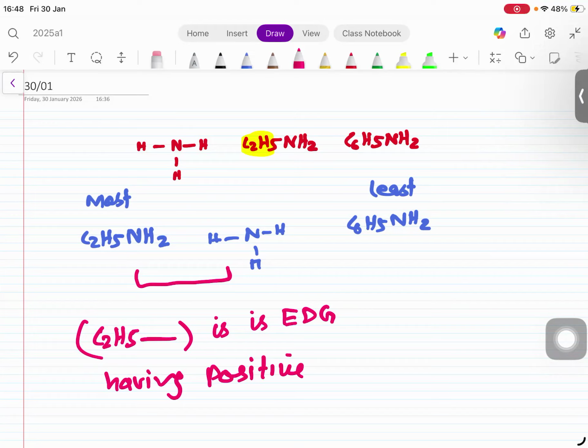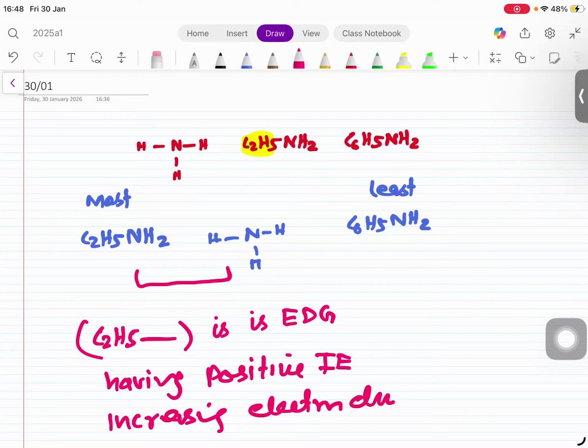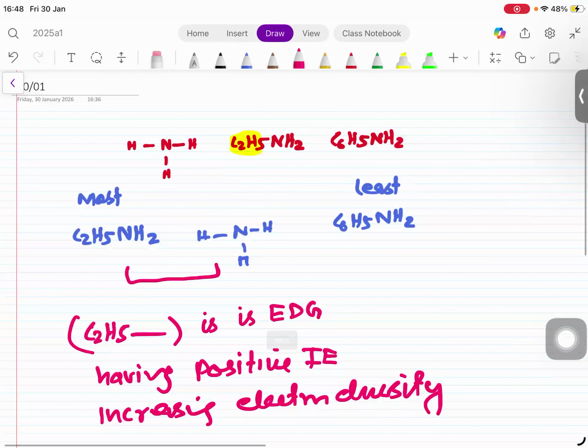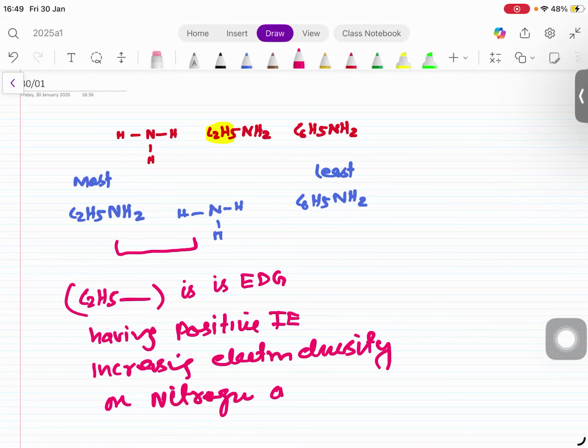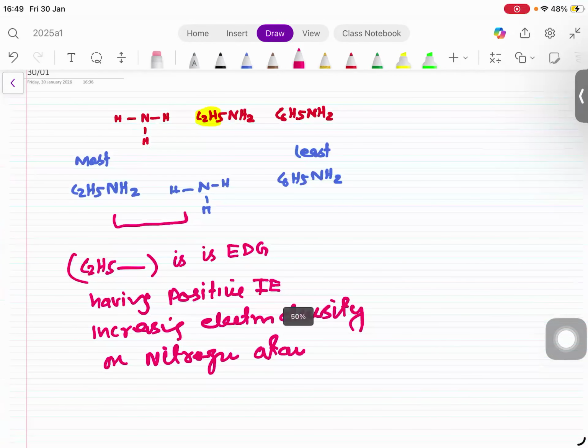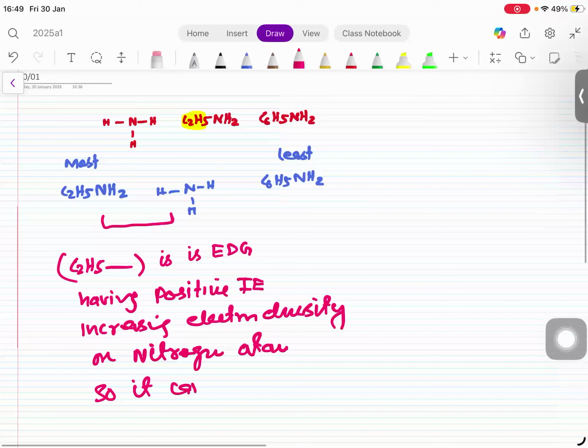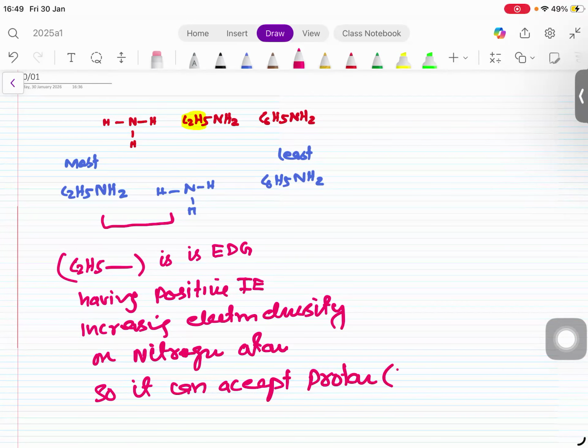Then it increases electron density on the nitrogen atom, or makes electrons available on the nitrogen atom. So it can accept proton strongly. Proton means H positive ion.